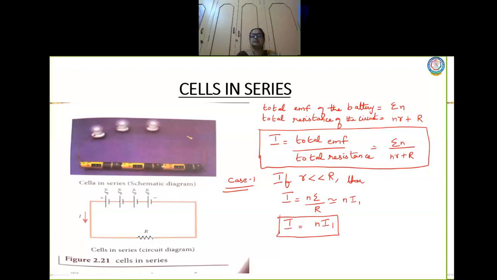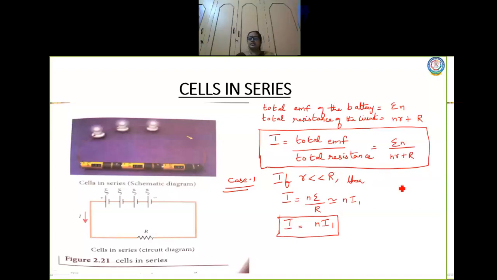So you get n into I1, where I1 is the current due to the single cell. So when small r is negligibly small, the current supplied by the battery is n times that supplied by a single cell. So this is the first case.